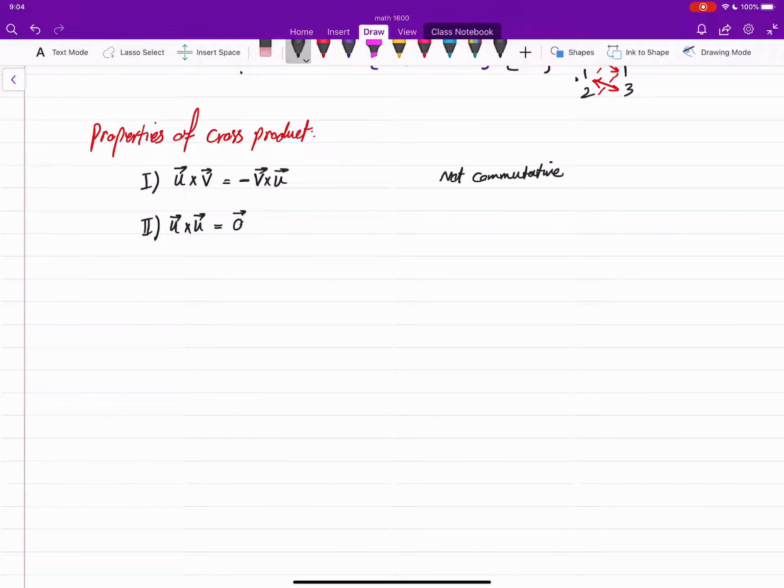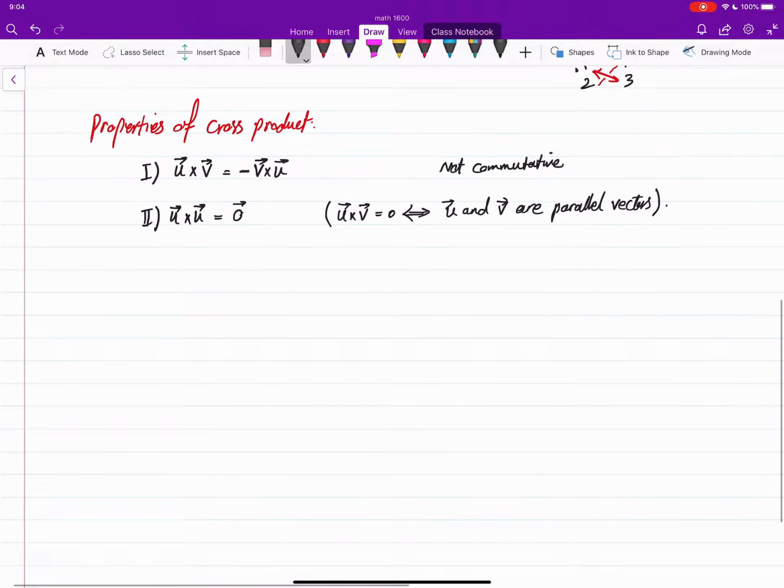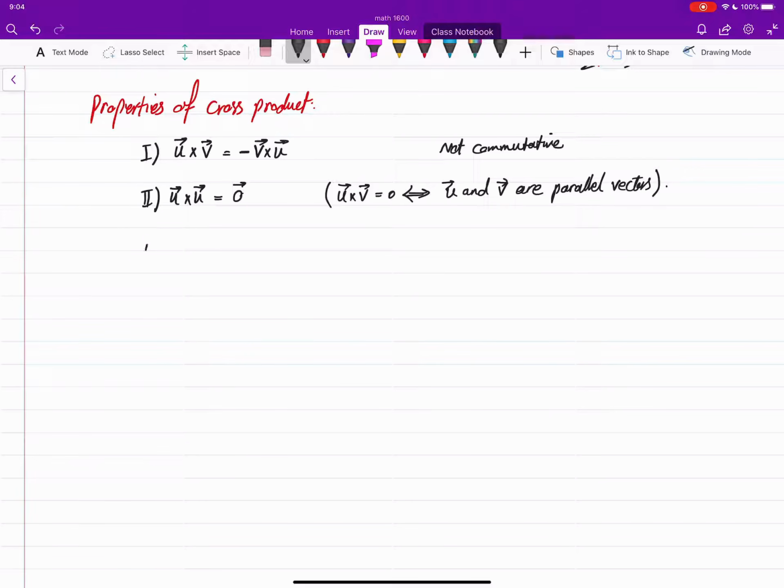And indeed, you can show that u cross v is equal to 0 if and only if u and v are parallel vectors. And that's the second property.